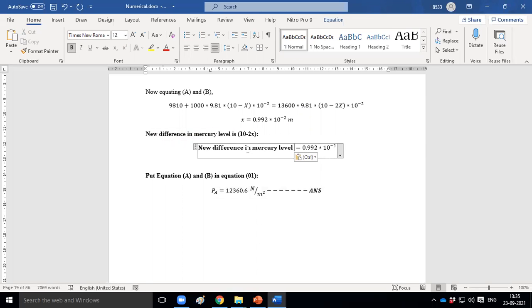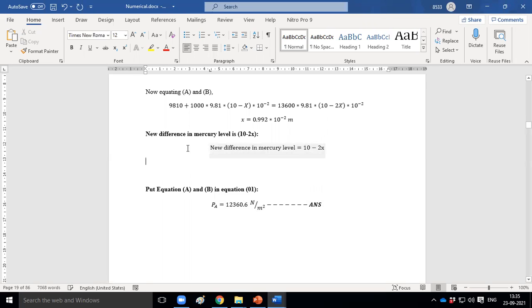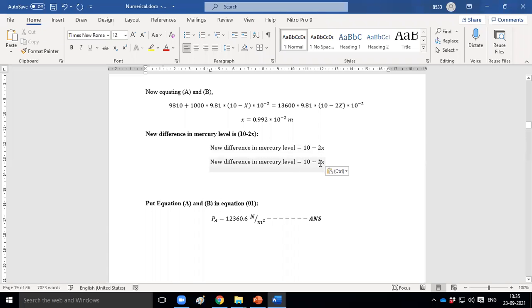Do this simple calculation and tell me. 10 minus 2x, and we know the value of x. 10 minus 2 into 0.992, again 10 to the power minus 2. 8.016.